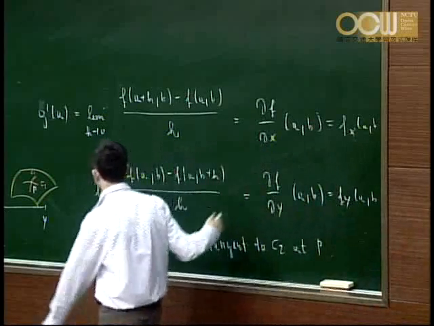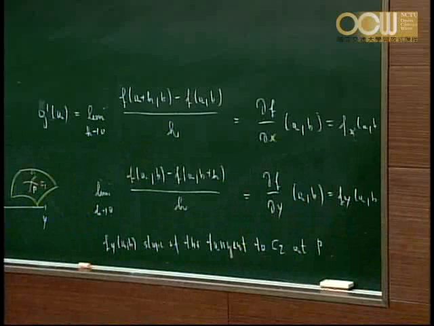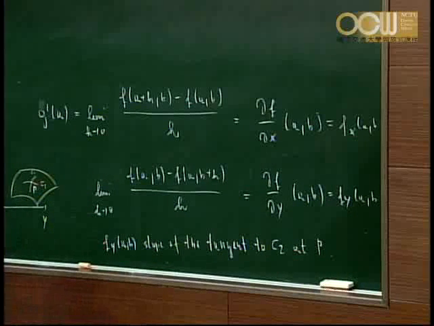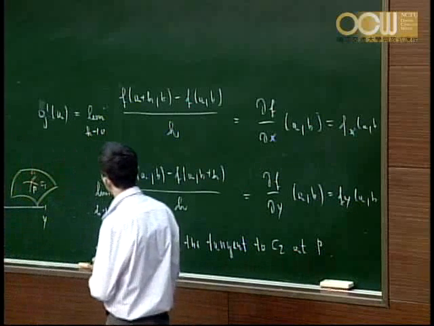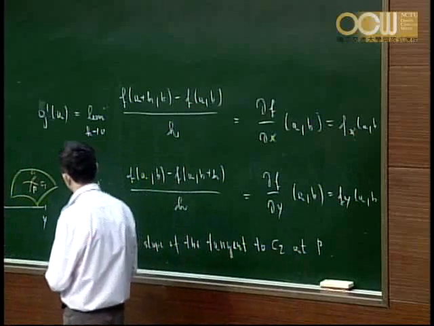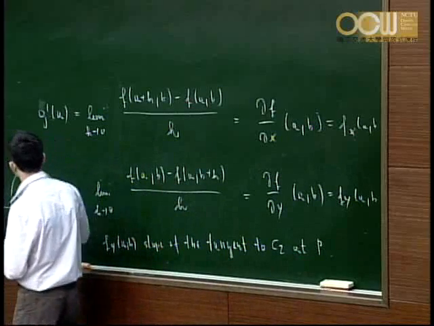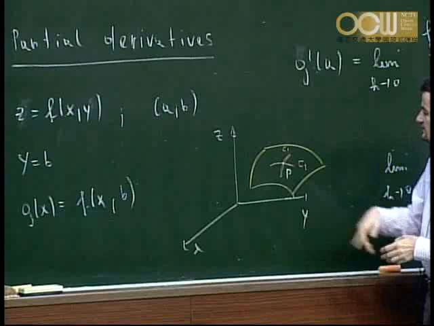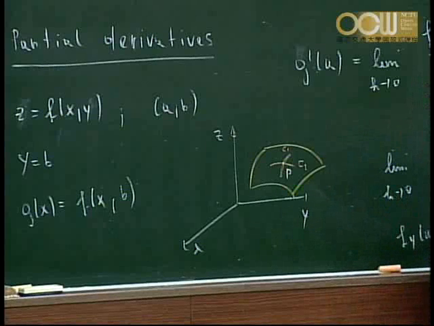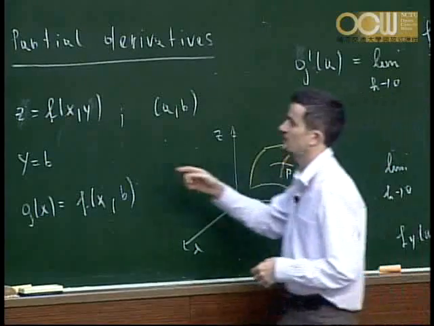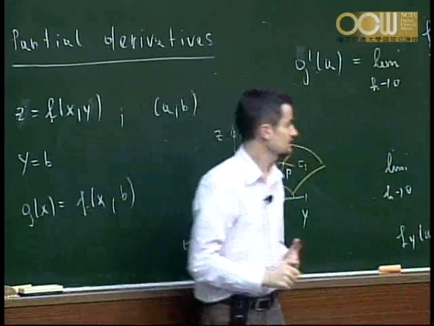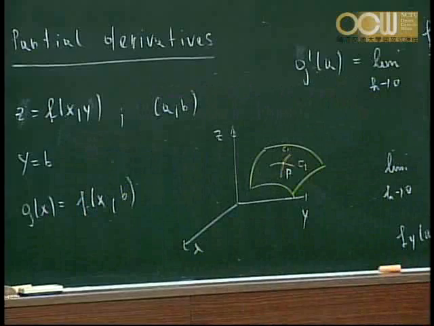Okay, so both of them, you can interpret them as certain slopes of the cross sections obtained by slicing the surface with planes which are parallel to the xz plane or parallel to the yz plane and pass through a given point. Okay, and the point has coordinates (a, b) and f(a, b).